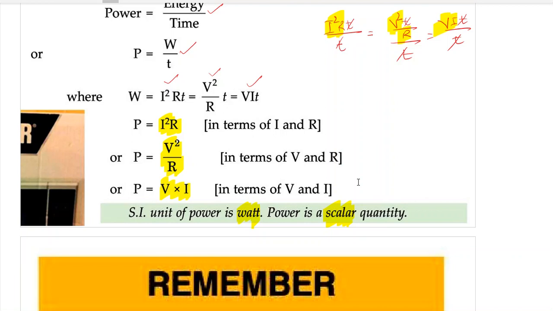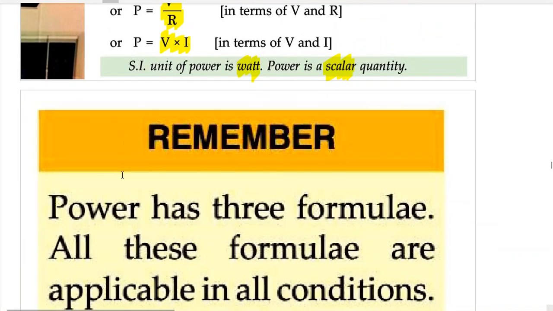If you use two different formulae for power, you will get two different answers. So it's a very strange formula. Very strange situations are there in which you should choose the formula of power very wisely, right?